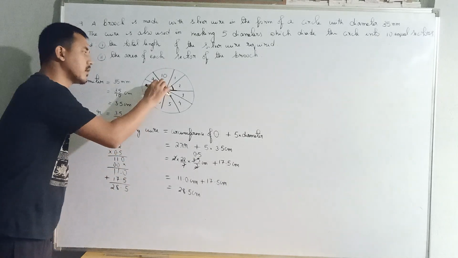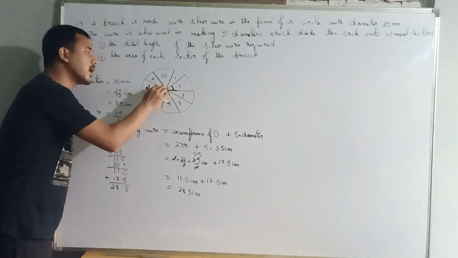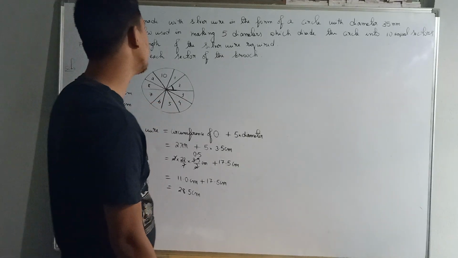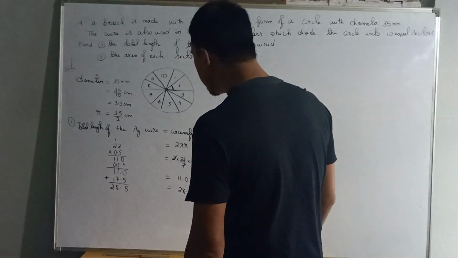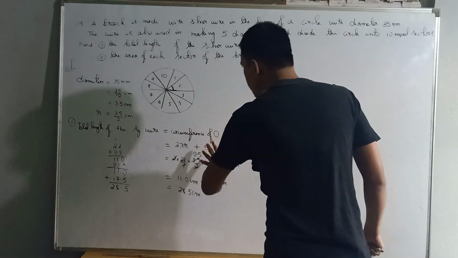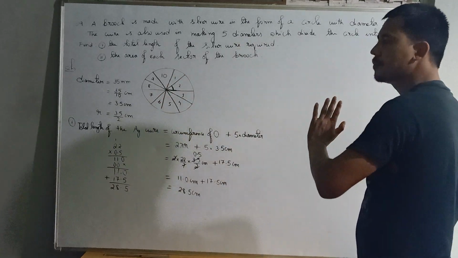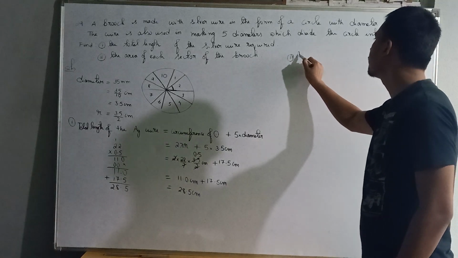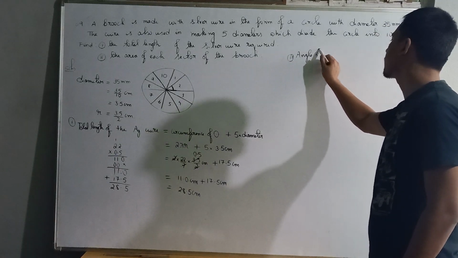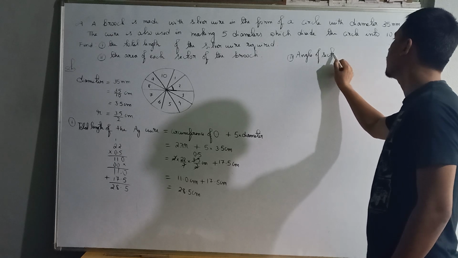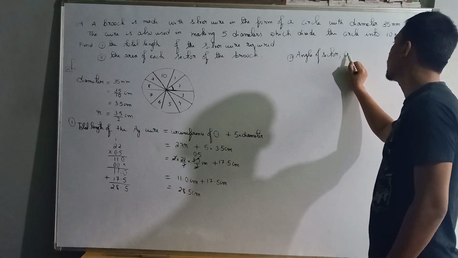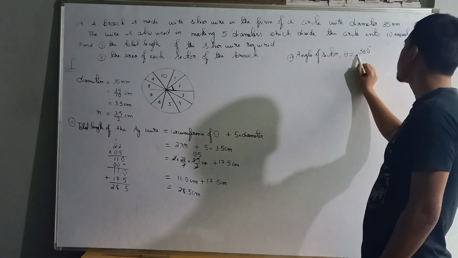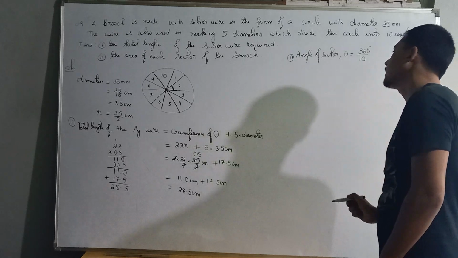We know that the complete angle of a circle is 360 degrees. And this circle is divided into 10 equal sectors. So the angle of the sector, theta, can be obtained by dividing the complete angle 360 degree upon 10.